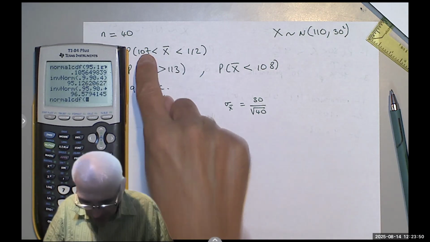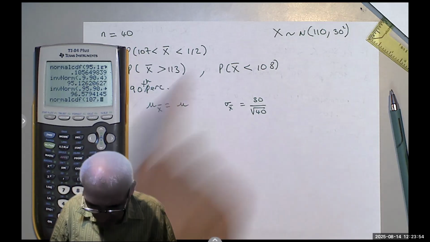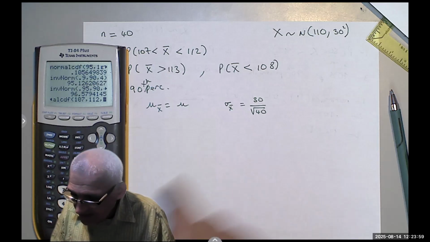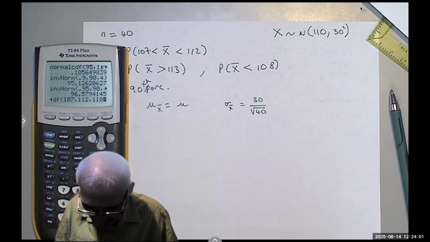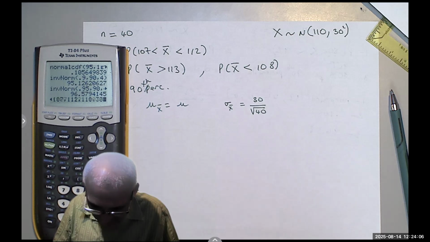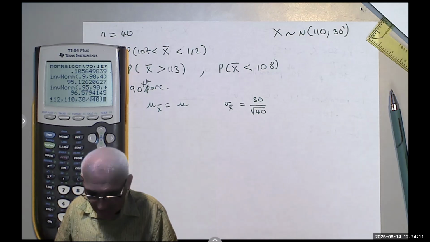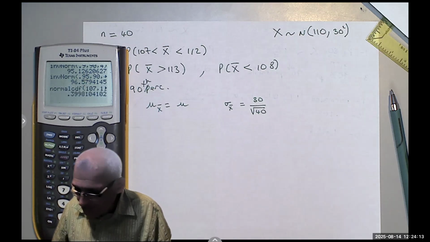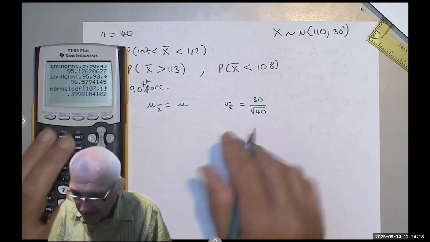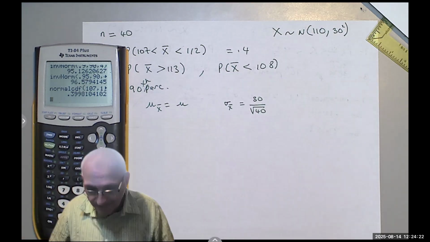We want to enter the lower limit 107, comma, upper limit is 112, comma, the mean is 110, comma, and the standard deviation is not 30, it's 30 divided by the square root of 40. Close the parentheses. And I get 0.4. This probability is 0.3999, so you can write it as 0.4.